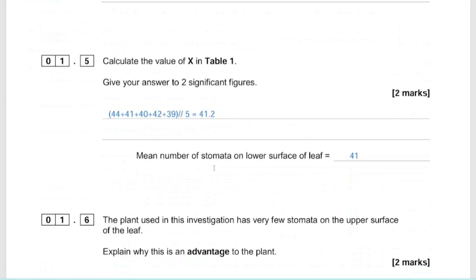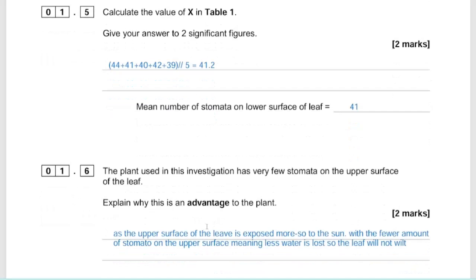Now for question 1.6. The plant used in this investigation has very few stomata on the upper surface of the leaf. Explain why this is an advantage to the plant. Now what you need to think about the upper surface of a leaf is there's going to be a lot more sunlight on it.